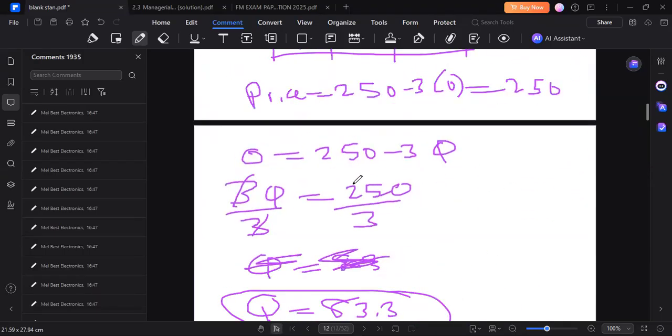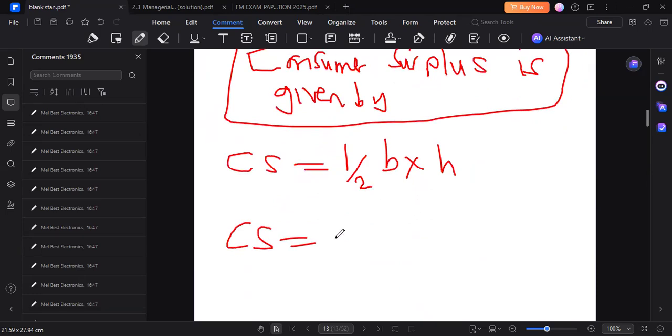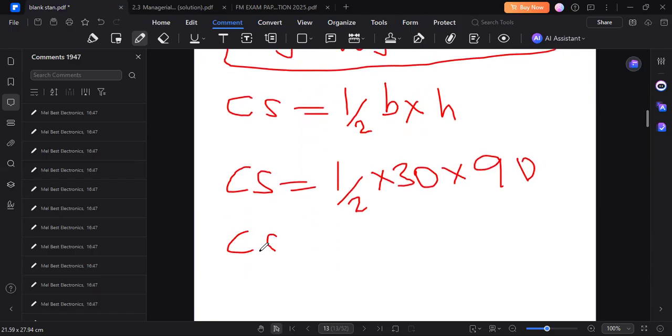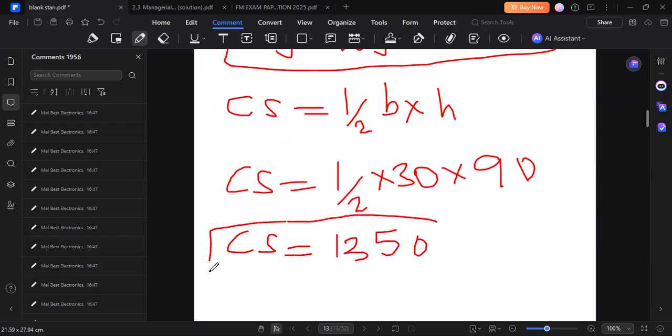Correct. So this will be half base times height, half times 30 times 90. Our consumer surplus is 1 divided by 2 times 90 times 30, which is 1,350.